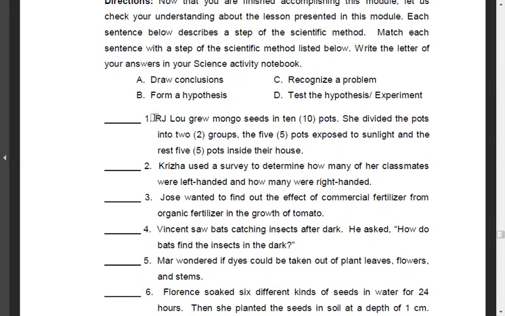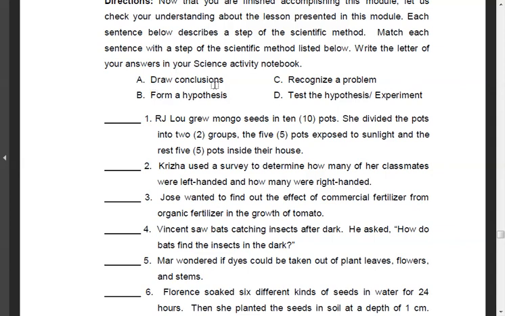For example, in number 1, RJ grew mango seeds in 10 pots. She divided the pots into 2 groups. The 5 pots were exposed to sunlight and the other 5 pots were kept inside the house. Which part of the scientific investigation is this?